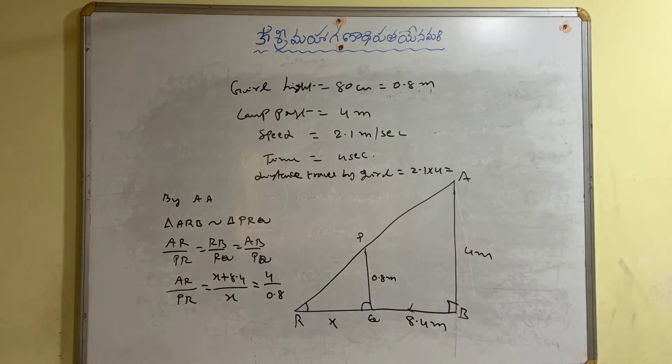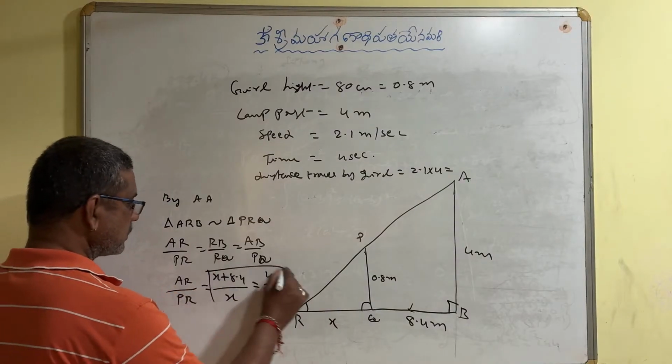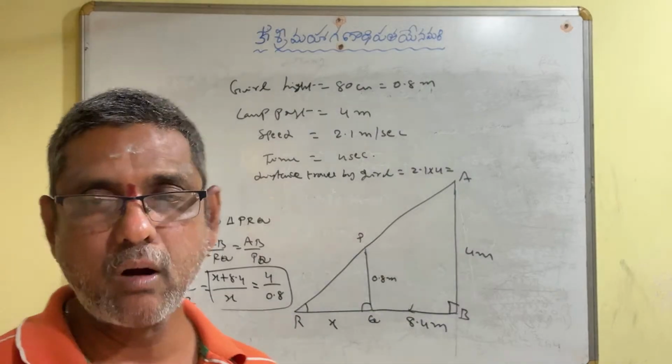Consider the last two ratios. Do cross multiply, find out the X value.